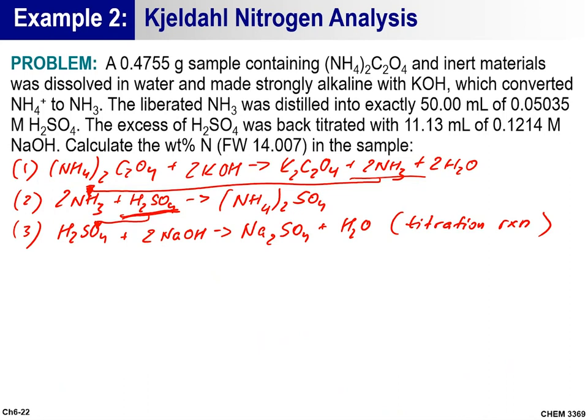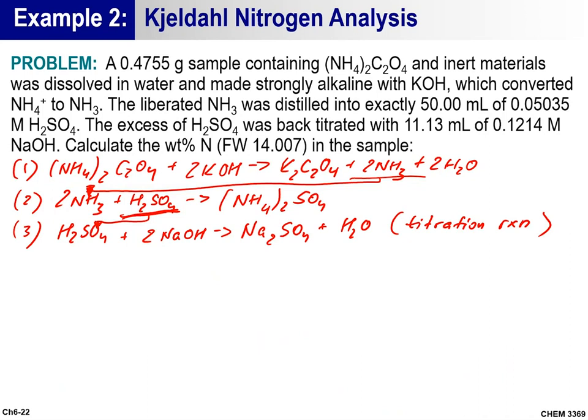So in this example, what we need to calculate is the total amount of the sulfuric acid that we used, and then subtract the excess.